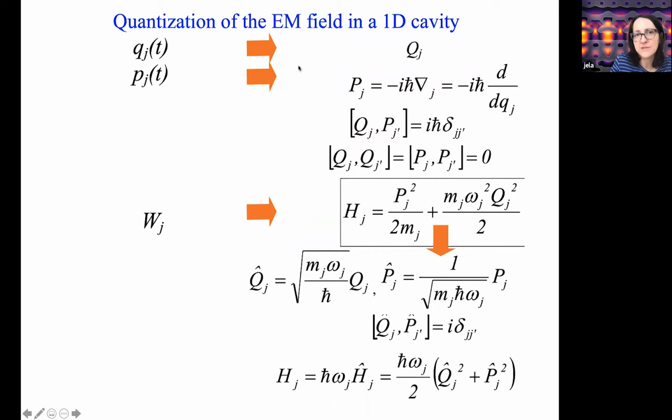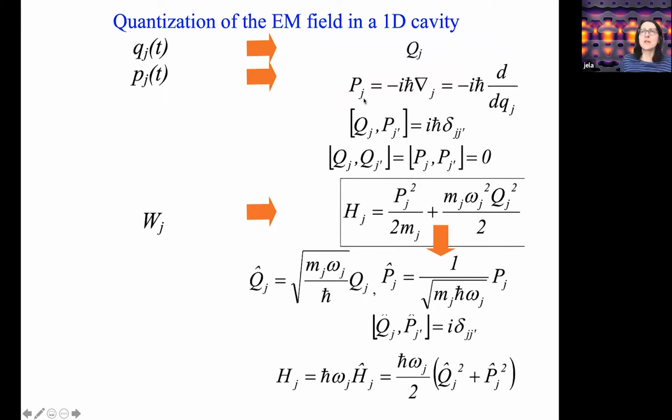Again, this is all classical on the left side, which means that when you quantize, since there is a relation between P and Q, which is the same as the relation between momentum and position, you will introduce a new operator for Pj, a momentum operator, which would be related to position space via this gradient, or it would be equal to minus i h bar d per dQj.